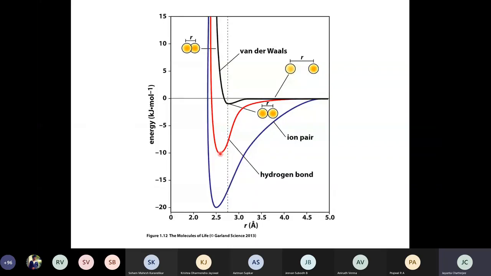So what you can essentially see is that the energy of a hydrogen bond is around minus 10 kilojoules per mole. From this graph you can appreciate that the strongest ones are definitely the electrostatic interactions, followed by the hydrogen bond interactions.